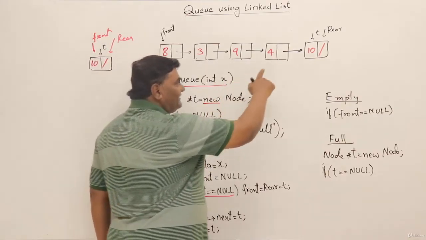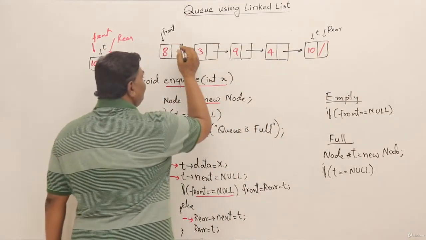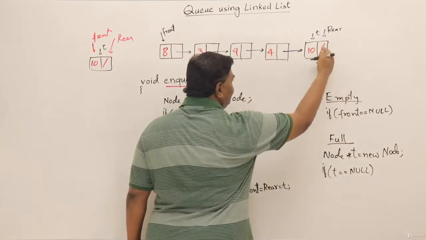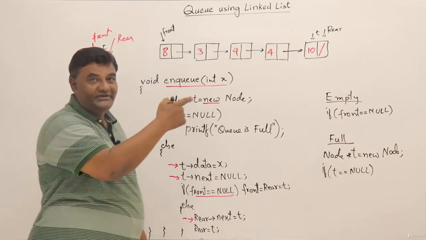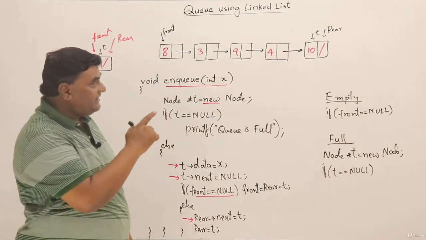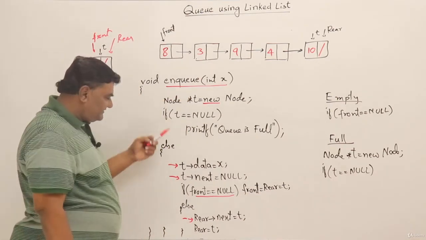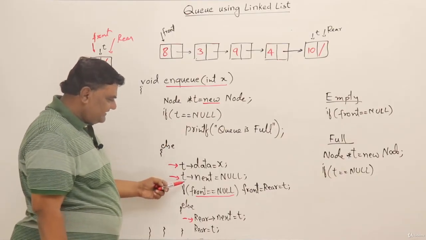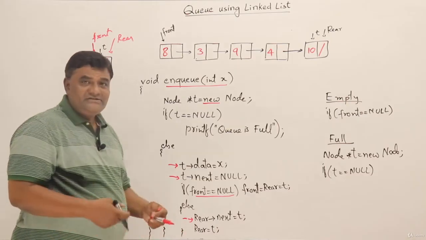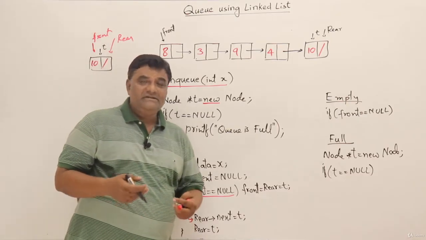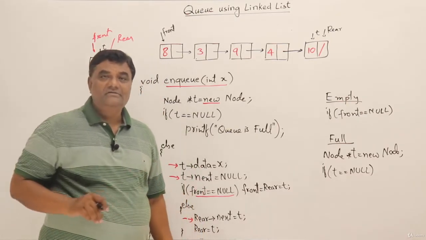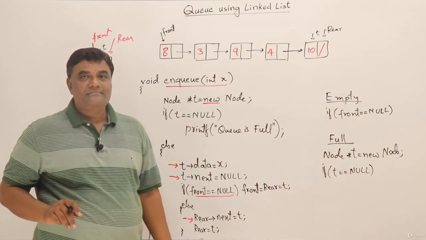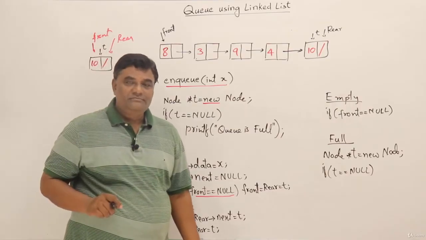Otherwise, if you remember, inserting a new node at the end of a linked list means we have to traverse through this linked list and then we can insert a new node. Unless we reach the last node, we cannot insert a new node. Because of rear, that time is saved. All the statements in this procedure are simple, just conditional statement, printf, or setting data, next. There is no loop. If loop is there, the time may be n. But there is no loop, so statements are simple, so it is constant. So this is about enqueue.